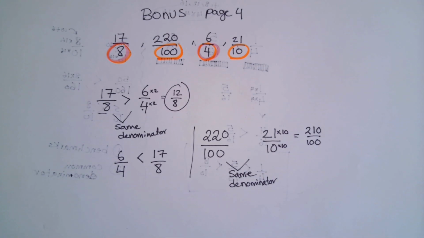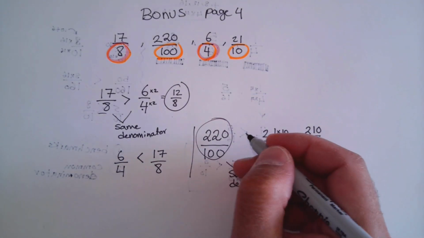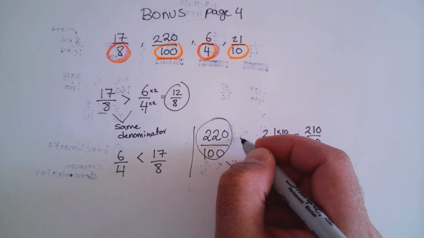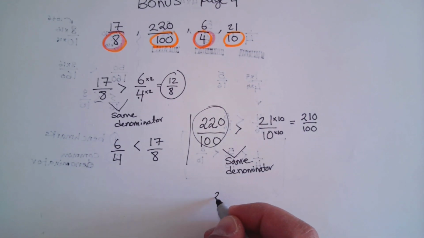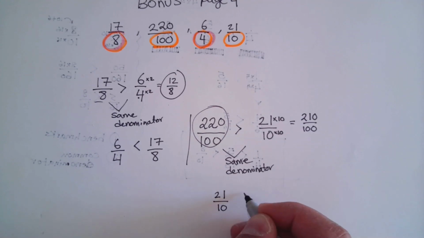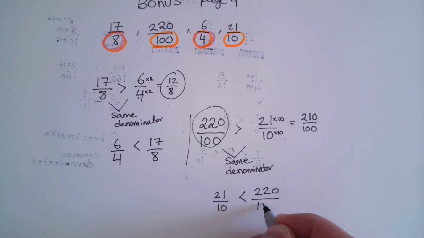So which one is bigger, the 220 hundredths or 21 tenths, which is the same as 210 hundredths? Definitely the 220 hundredths is bigger than the 21 tenths. Okay, so we know that 21 tenths is less than 220 hundredths.